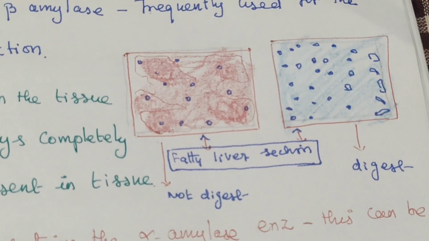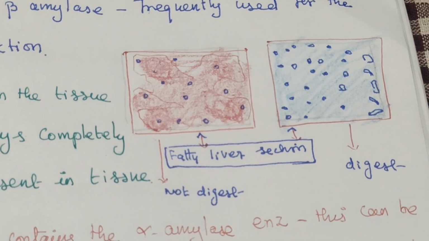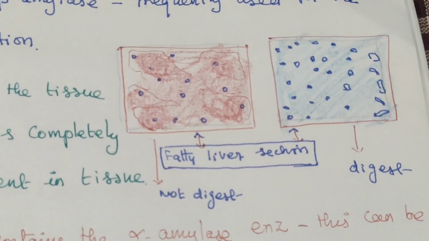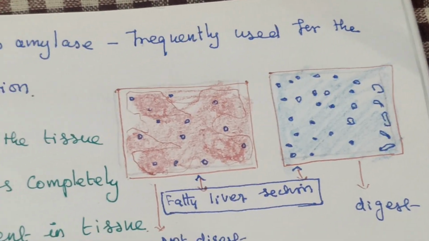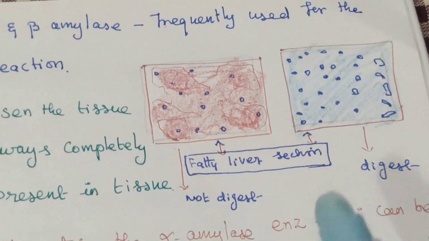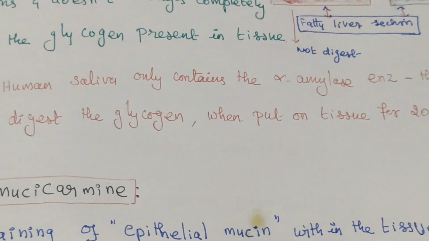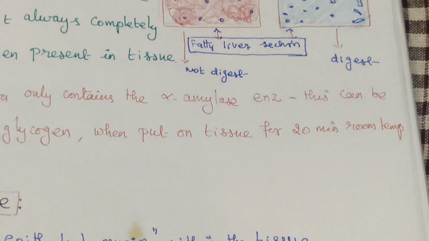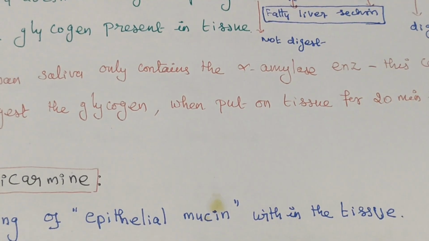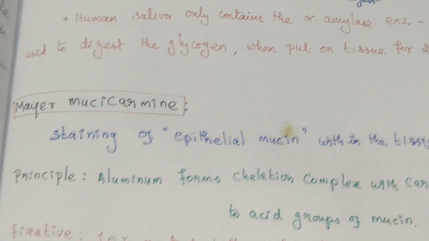The second diagram is the same tissue stained with the PAS reaction with hematoxylin, then digested with diastase. So the second diagram is digested and the first is not digested. Human saliva contains only the alpha amylase enzyme. This can be used to digest the glycogen when applied for 20 minutes at room temperature.